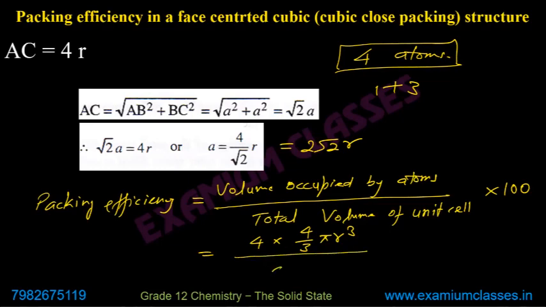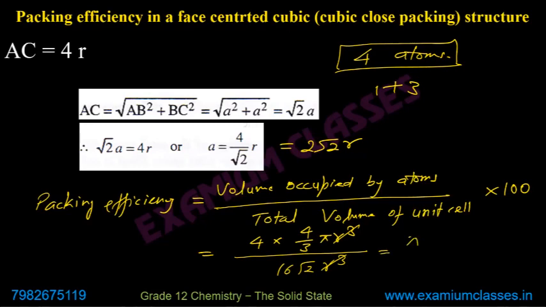But unit cell volume is A cube. Obviously, A is different from the simple cubic, but the volume is A cube. And we know that A is equal to 2 root 2 R. So substitute that value, 2 root 2 R whole cube. So 2 cube will be 8, 2 root 2 cube will be 16 root 2 R cube. R cube got cancelled. 16 got cancelled.